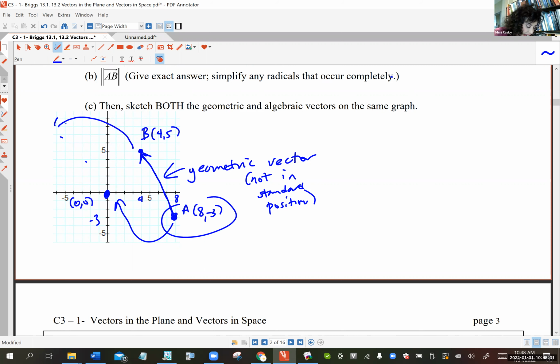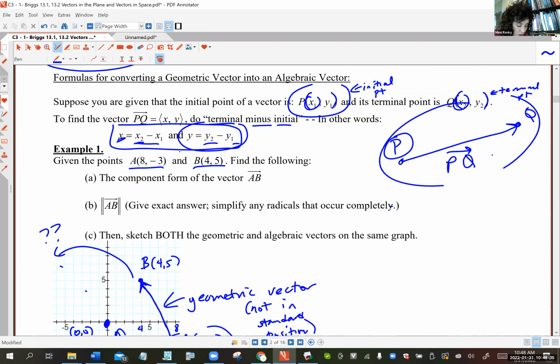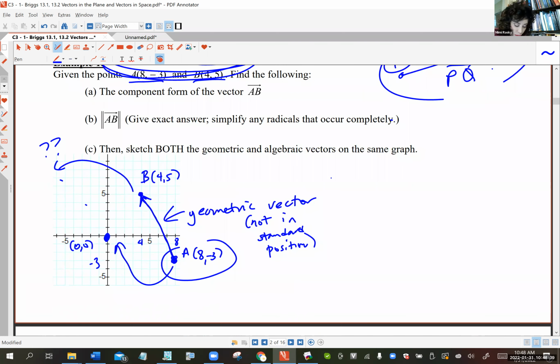But where exactly is B going to get mapped to? And that's where these two formulas come in handy. So when we're forming this vector AB, the new X coordinate is going to be the terminal point, so you're going to go 4, that's the X coordinate of B, minus the X coordinate of A. So -4 will be the new X coordinate.